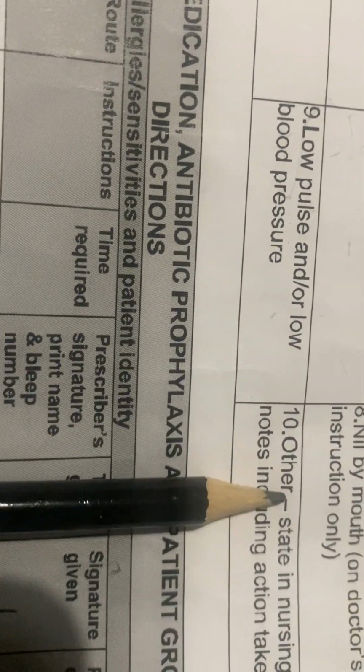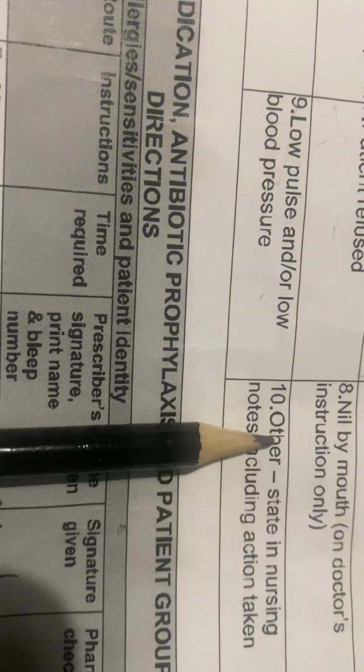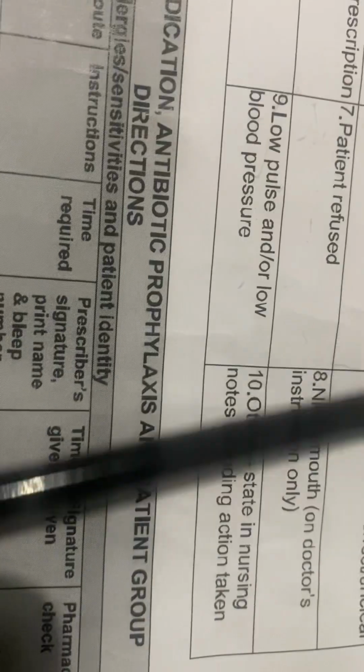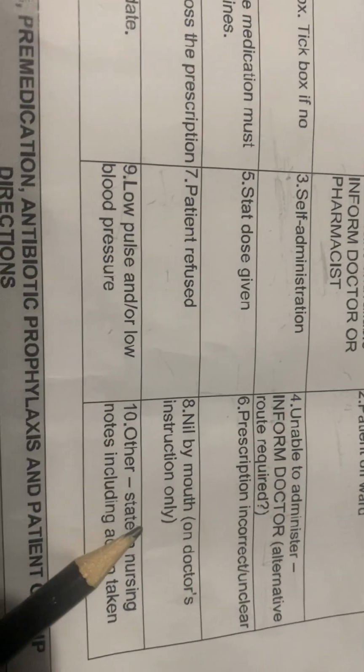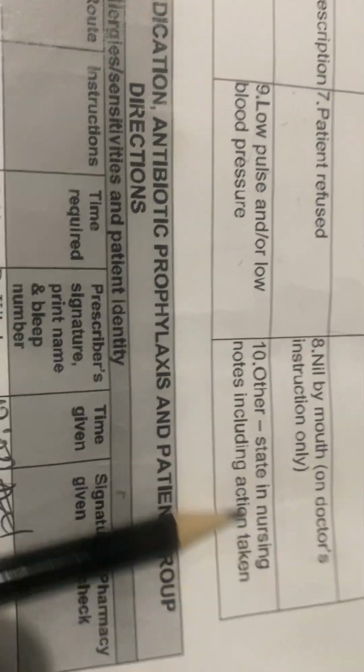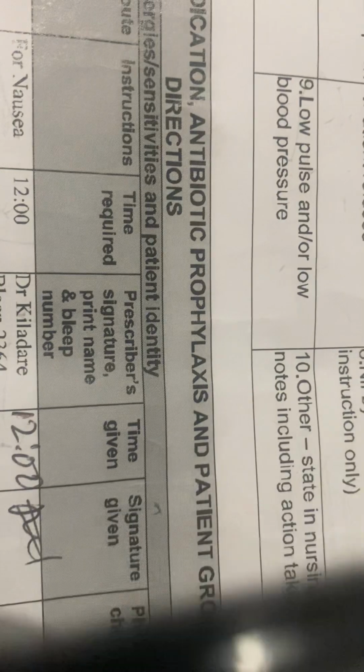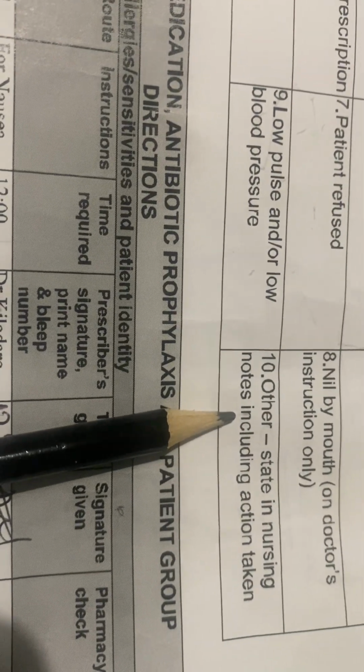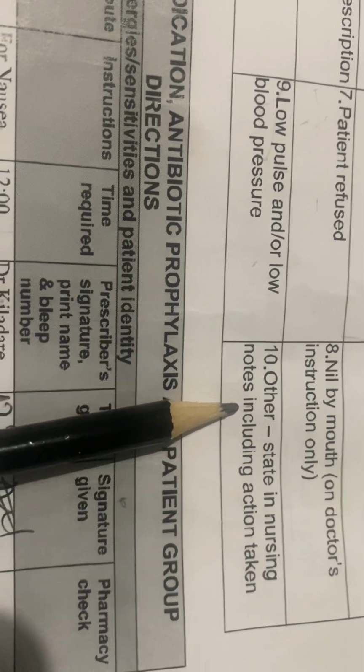The reason why you are going to use this is that it is not among all these reasons. And then if there is any other reason that made you not give that medication, then you will code it code 10. For example, allergy.